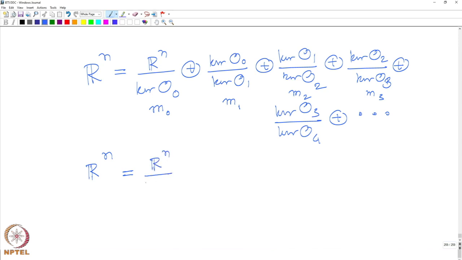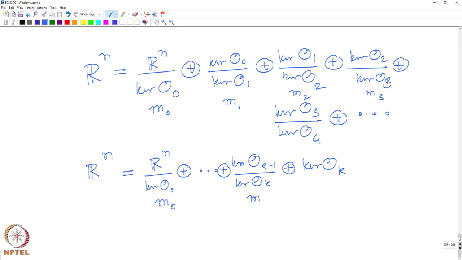I write R n as kernel O0 direct sum dot dot dot direct sum kernel O k minus 1 quotiented by kernel O k, plus all of these I can club together and write kernel of O k. Now this is M0, and this up to this one will be M k.